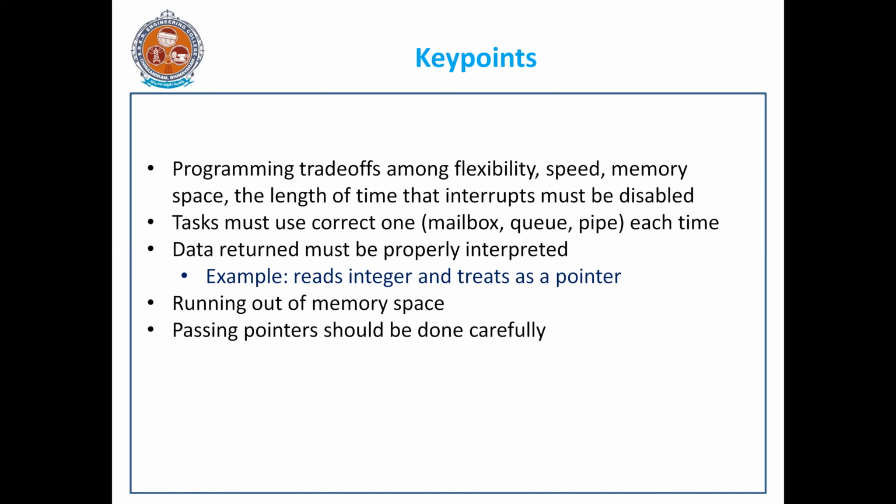So it should use the correct one each time. Also, the data written must be properly interpreted. For example, if it reads integer data and treats it as a pointer, then it will become a problem.